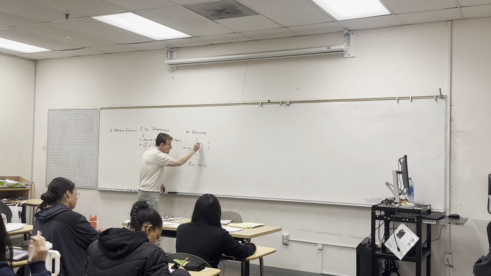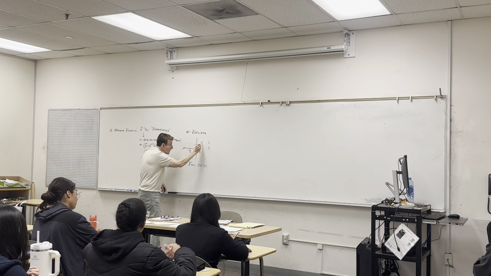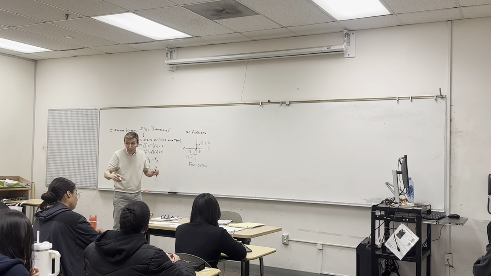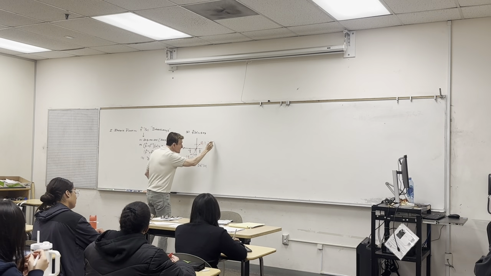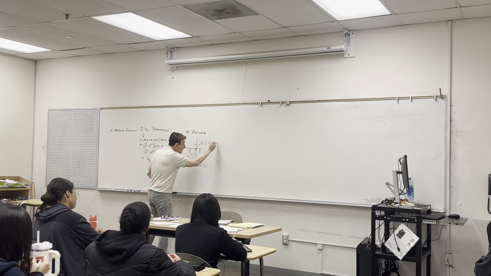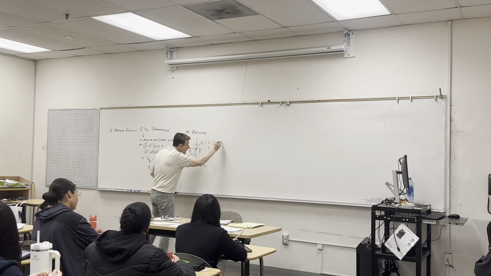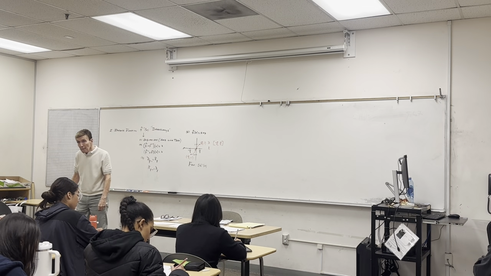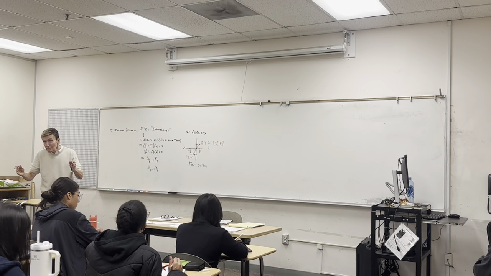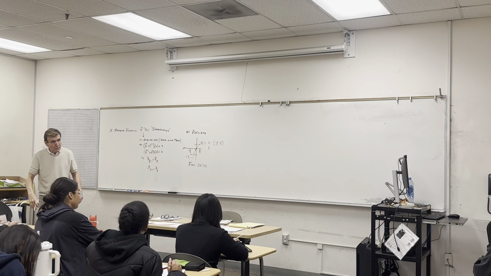I think this is pi over 2, wasn't it? So does it go from a negative pi over 2 to a positive pi over 2? That's my domain. Put a bracket. Not negative infinity through positive infinity. It's been cut off. The graph has been sliced.